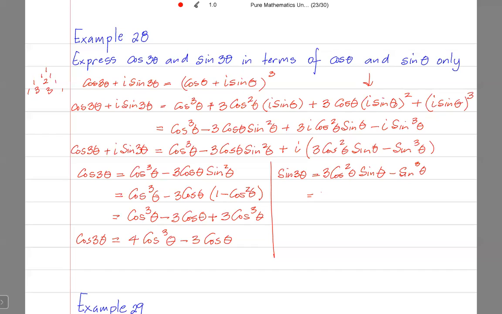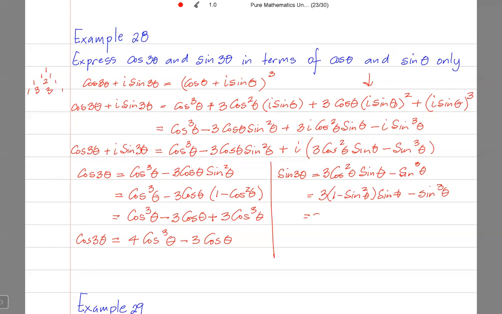This is 1 minus sine square theta, times sine theta, minus sine cube theta. Distributive law: please note you're applying distributive law from two ends, multiplying by the 3 on the left and the sine theta on the right.